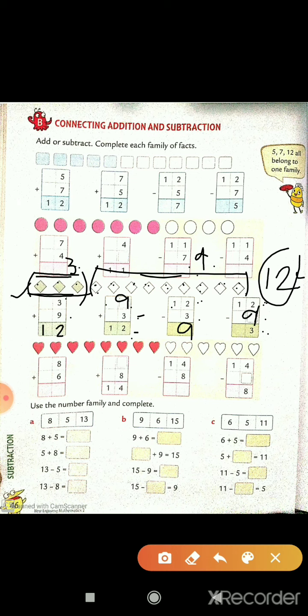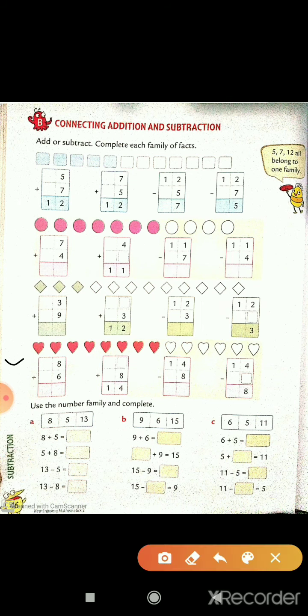So what are the subtraction and addition facts of 3 and 9? Addition facts are 3 plus 9 is equals to 12 and 9 plus 3 is equals to 12. And what about the subtraction facts? 12 minus 3 is equals to 9 and 12 minus 9 is equals to 3. Got it, students?